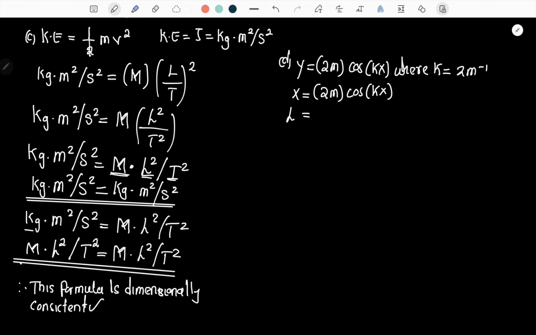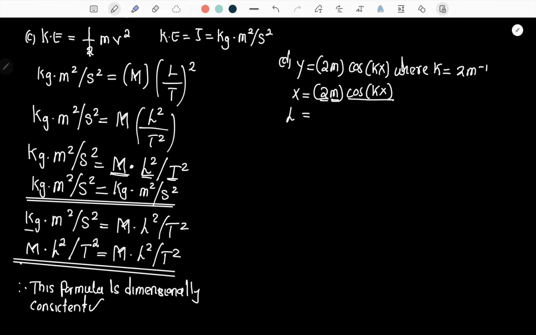Now, remember that under dimensional analysis, it's very important to take note that your cosine does not matter, or it's a constant. Literally, we are going to remain with 2m. Now, because the 2 is not a recognized dimensional factor, we'll remain with the meter.